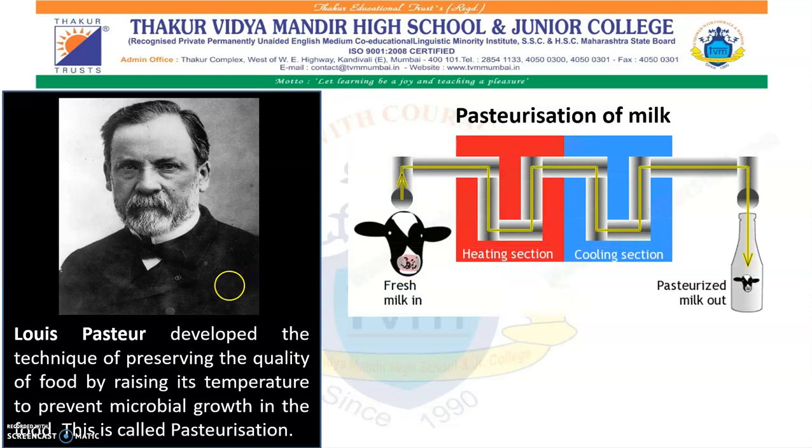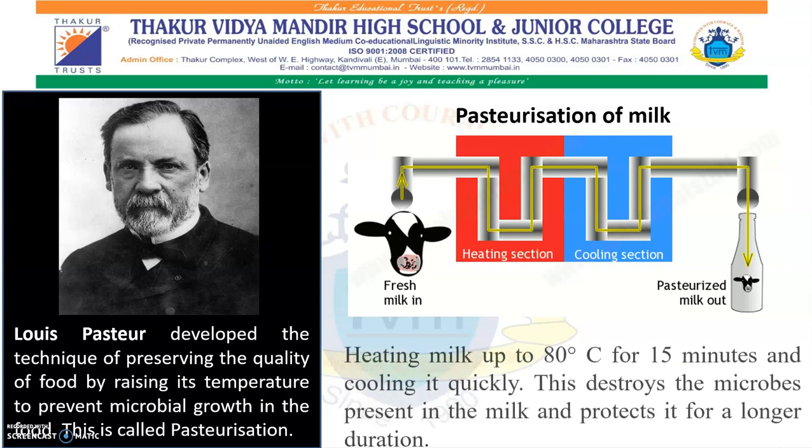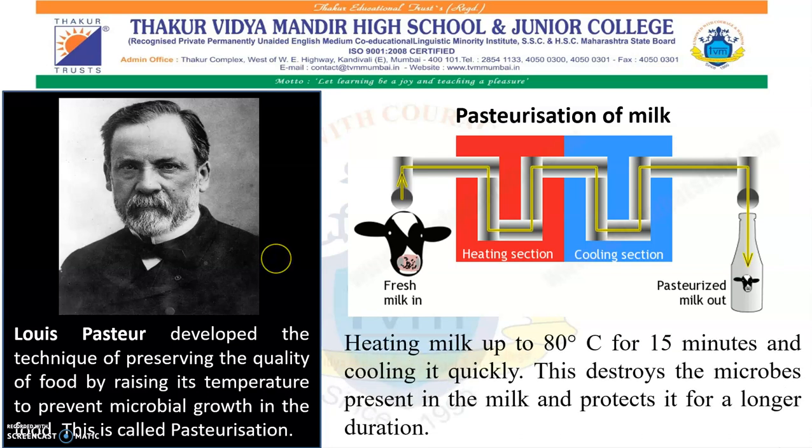Pasteurization of milk involves heating of milk up to 80 degrees Celsius for 15 minutes and then cooling it quickly. This destroys the microbes present in the milk and protects it for a longer duration of time so that it can keep the milk safe for drinking.